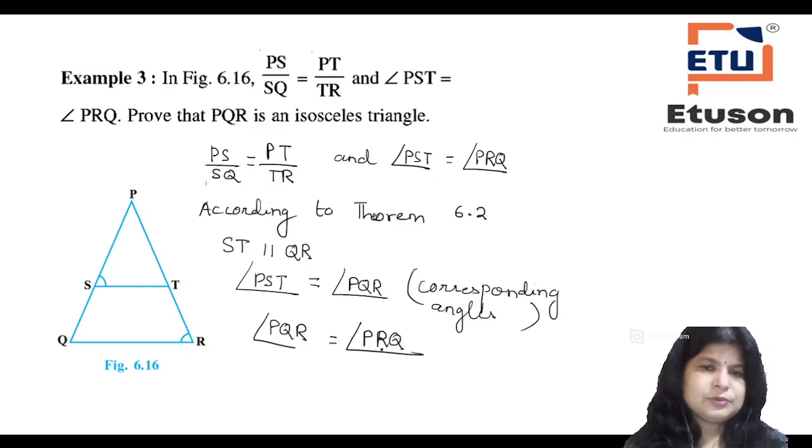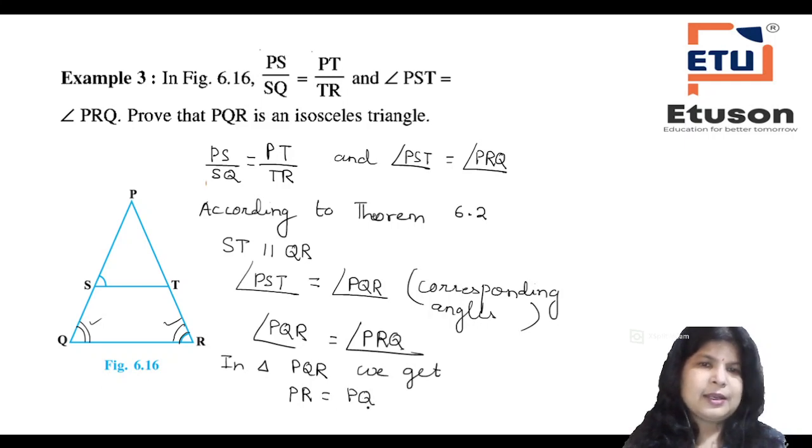Correct or not? Right? So now this angle and this angle are equal to each other. If these two angles are equal, then in triangle PQR we get the side opposite to the equal angles: the side opposite to PQR is PR and the side opposite to PRQ is PQ.